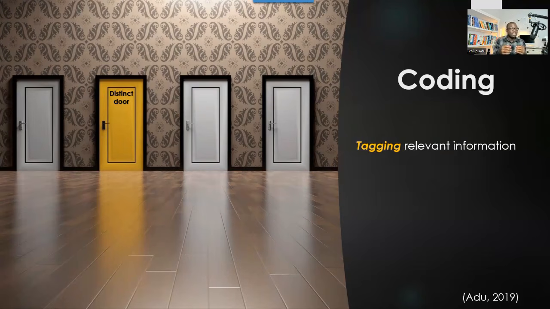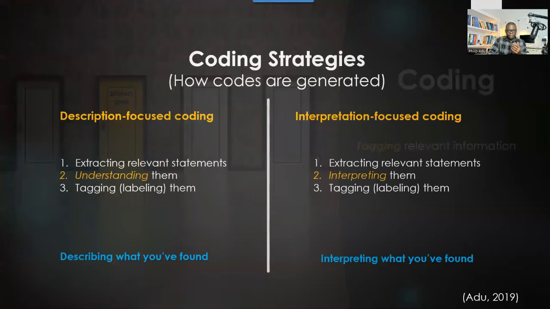It can be a phrase representing the significant information, at the same time helping you to address your research question. So you tag it because you have seen something significant, and then you decide what phrase to use to represent it. That's all about the coding.